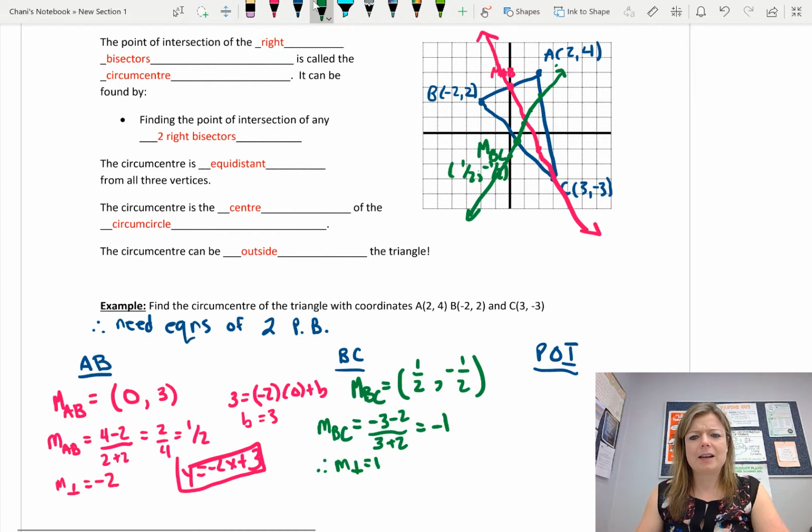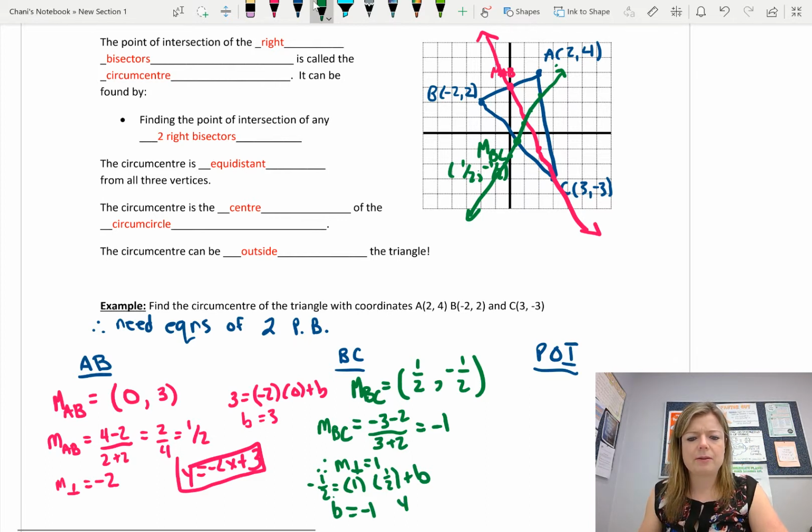Okay. So now the y-intercept, okay, so we put in 1/2, -1/2, so y equals m, which is 1, x, which is 1/2, plus b. And when you solve this, 1 times 1/2 is 1/2, and you subtract it from the other side, you get b equals -1, because -1/2 minus 1/2 is -1.